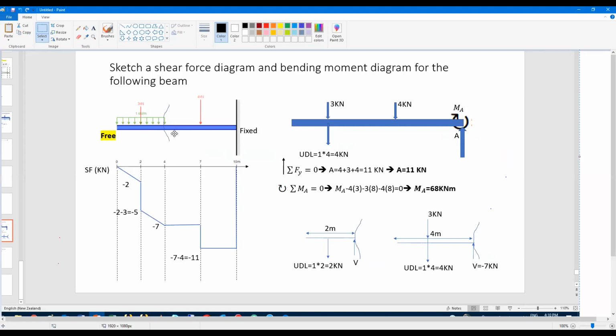So what's happening in this paint zoom? I took a section at this point. So that means all of this section will go. This section is gone.